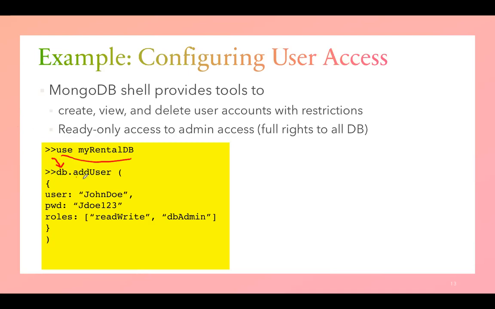I can use a method called addUser, and I can provide the username, password, and roles. By the way, these are all MongoDB specific keys. Instead of pwd, if you put something else, that will not be accepted, because addUser is a built-in MongoDB method.